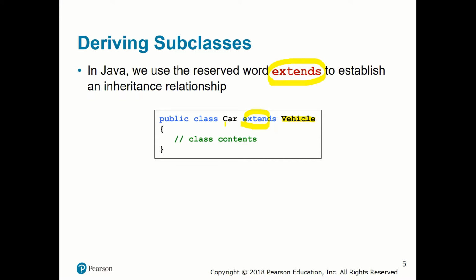So by creating an inheritance relationship using the extends keyword like this, the child class, the Car class, can use methods and data defined in the parent class Vehicle. So even if we don't write them here, the Car class can use the members of the Vehicle class. This is the inheritance.